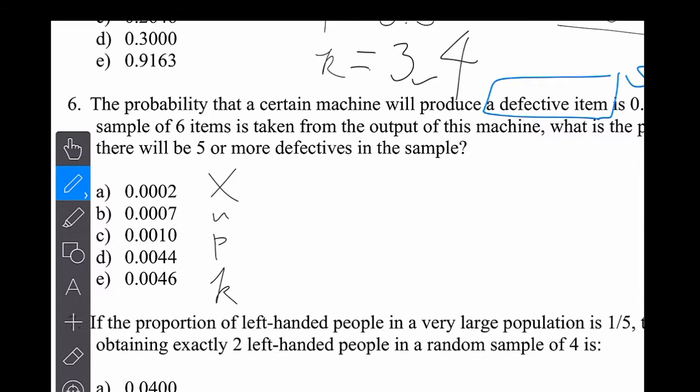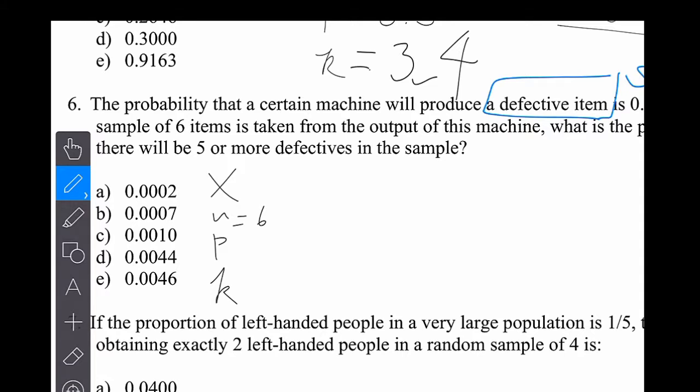What are we repeatedly doing? We're checking a machine. We're going to check a sample of 6, and because it's a sample, we're assuming that the chance of having a defective item did not get affected by having previously seen a defective item.